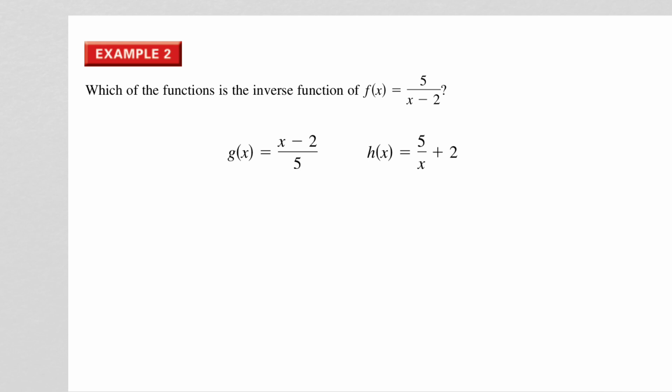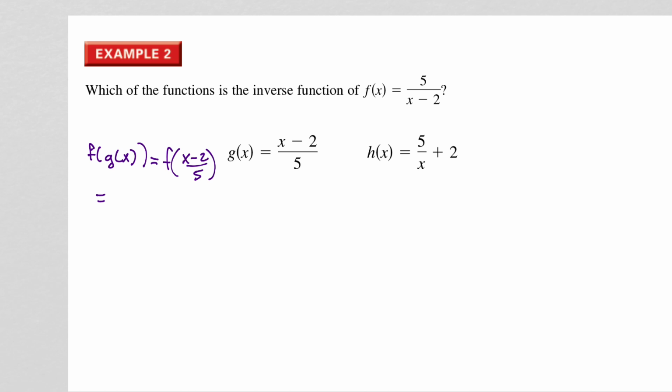All right, which of the functions is the inverse function of f of x equals 5 over x minus 2? So we're given two functions. We want to know which is the inverse. So let's start with g of x. I'm just going to compose f of g of x, which is f of (x minus 2) over 5.